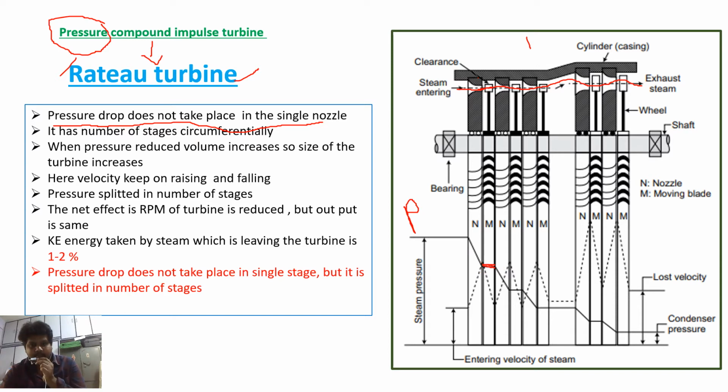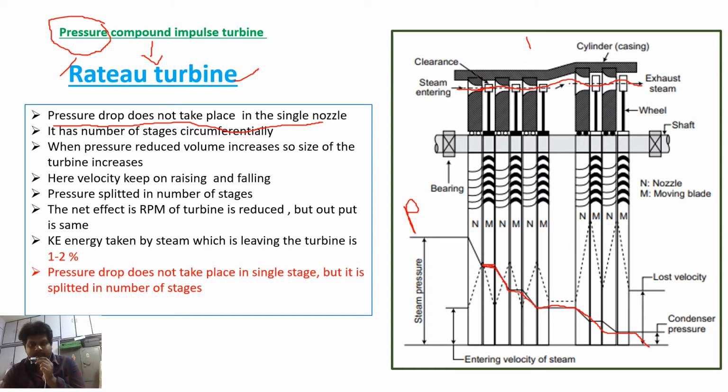Again from the moving blade, it will enter into the second nozzle. The pressure is further decreased in the nozzle, and it enters into the blade. Here the pressure is constant, and this way the pressure keeps on decreasing in a number of stages.